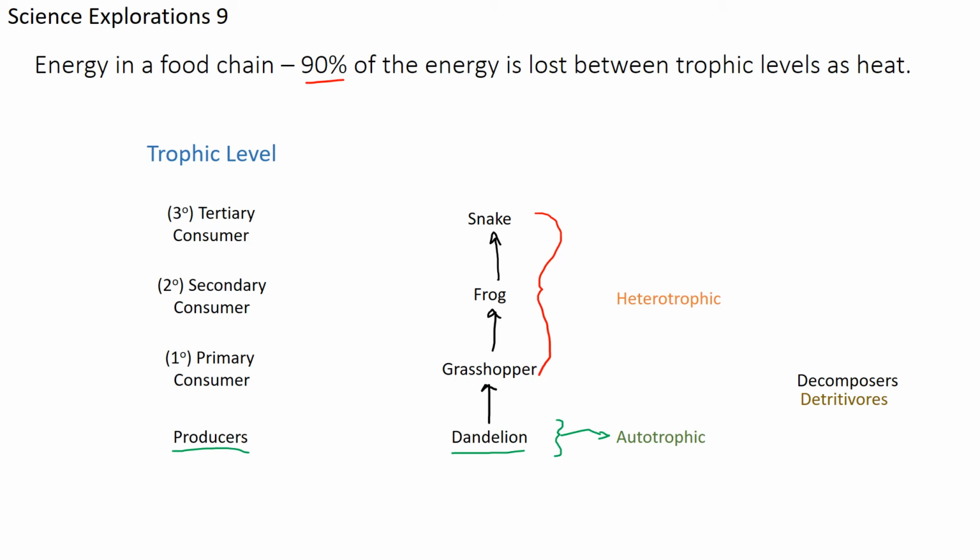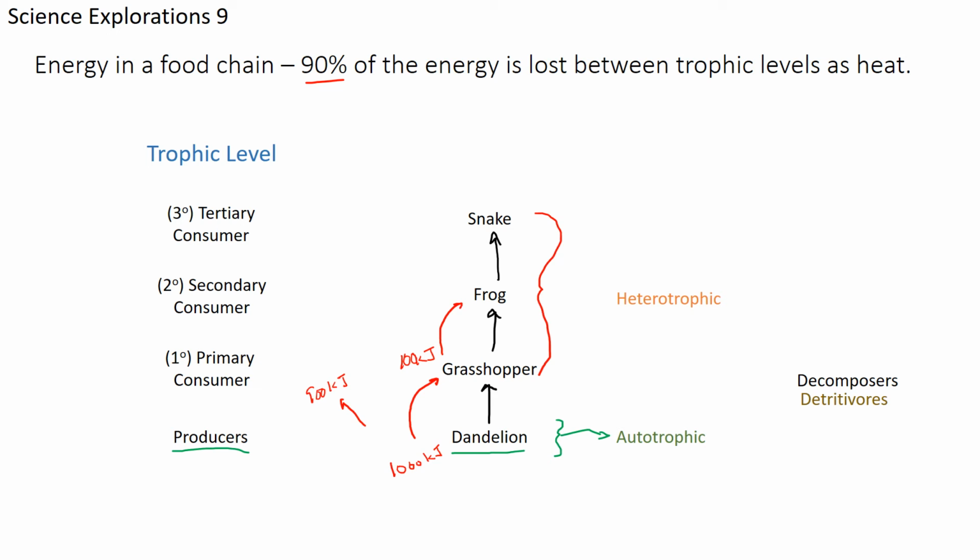So as we move from the dandelion to the grasshopper, if we started with, I'm going to make a number up here, 1,000 kilojoules of energy in a unit of whatever is being eaten, then 90% of that, or 900 kilojoules, is lost as heat, and only 100 kilojoules of energy is available to go into the grasshopper.